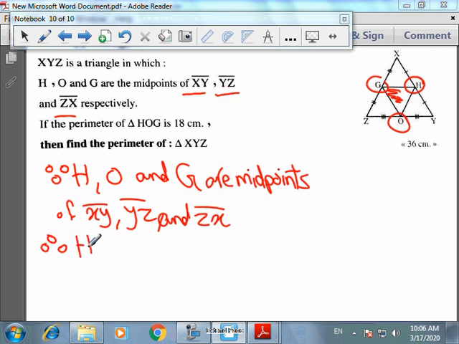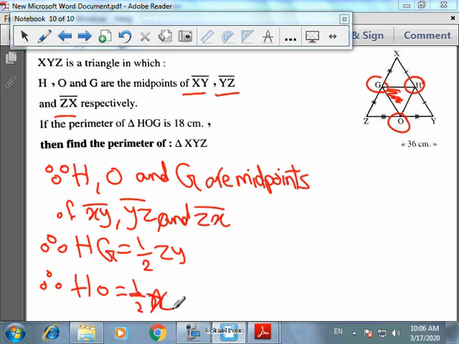HG equals half ZY, HO equals half XZ, and GO equals half XY. So each side in the small triangle is half the bigger side in the big triangle.